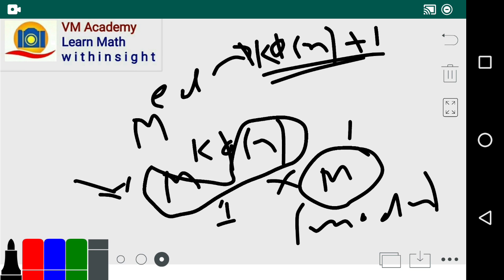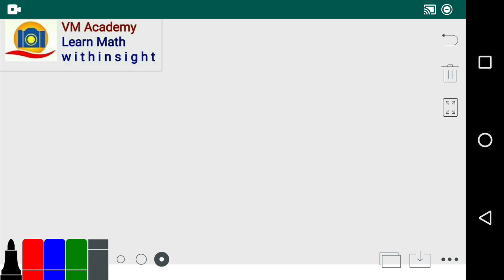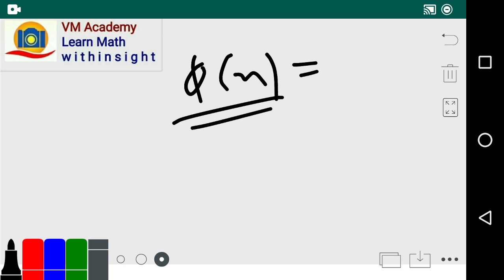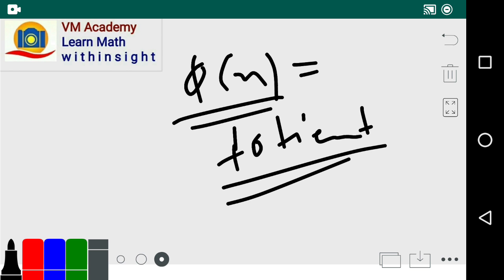In this manner the RSA algorithm is used, and in that RSA algorithm phi of n, that is the totient function, is used. By using this totient function, the private key is calculated.